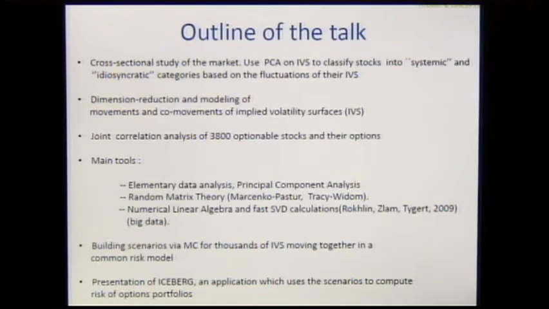And the main tools that we're going to use are elementary data analysis, principal component analysis, and then something that IMPA, I'm sure, is very interested in. It's called random matrix theory, in particular the theory of Marchenko-Pastur and Tracy-Widom, which here is used to separate noise from signal.